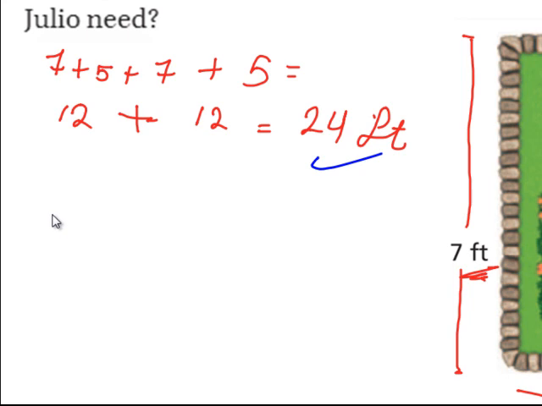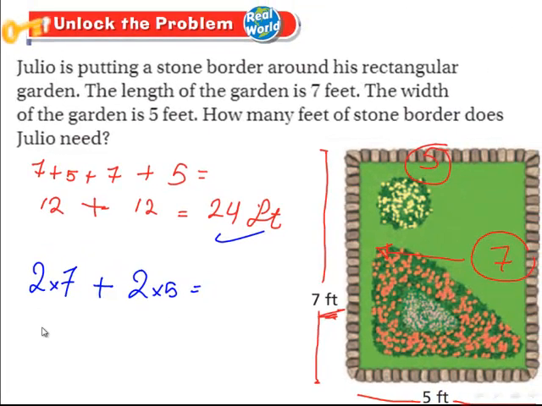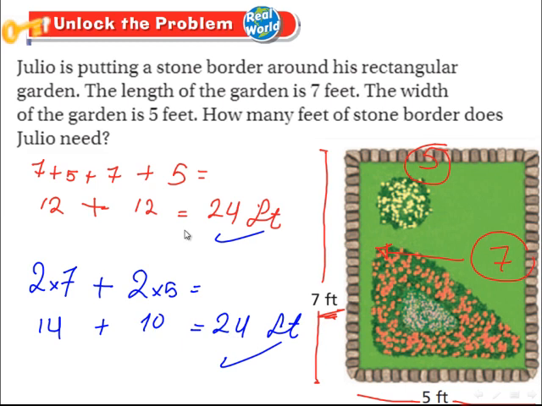I have 2 7s, so I'm going to multiply 2 by 7 plus 2 5s. So I have 14 plus 10, exactly 24 feet, the same answer. Now they are the same answer, so formula number 1 equals formula number 2.